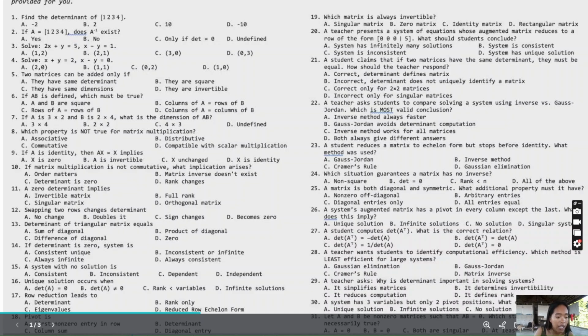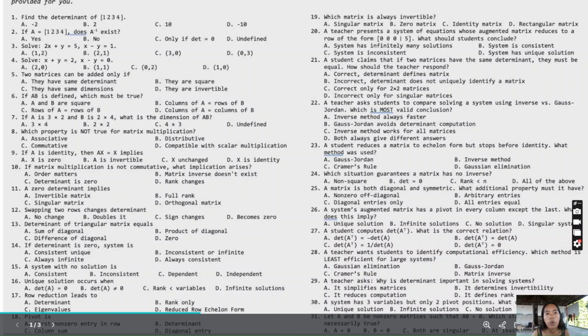Number 14. If the determinant is 0, the system is inconsistent or infinite. That is letter B, by the way. So if the determinant of the coefficient matrix is 0, then the matrix is singular. That means the system does not have a unique solution.